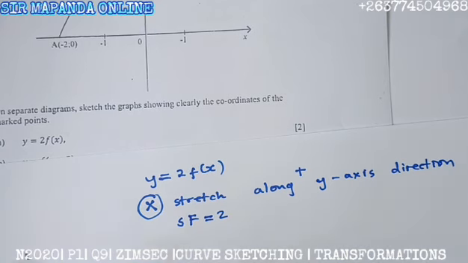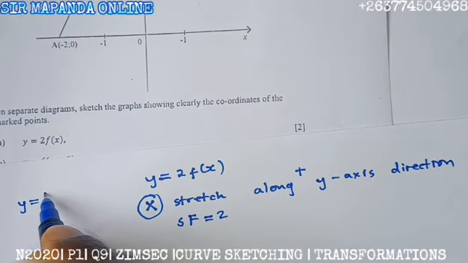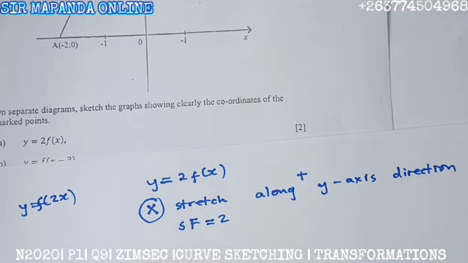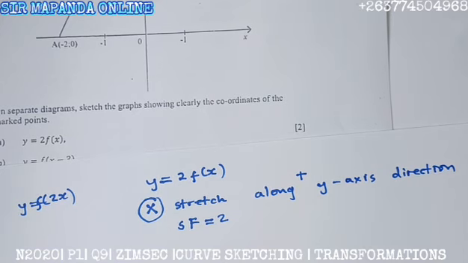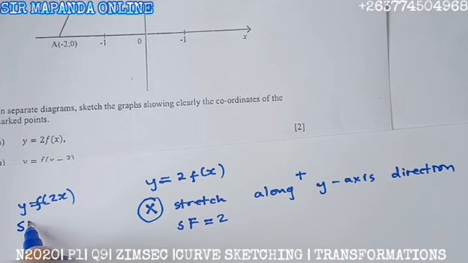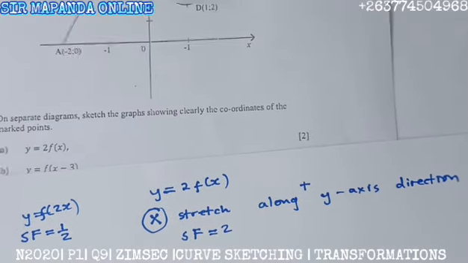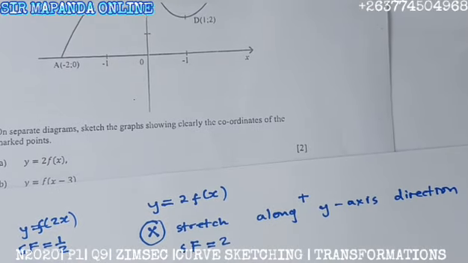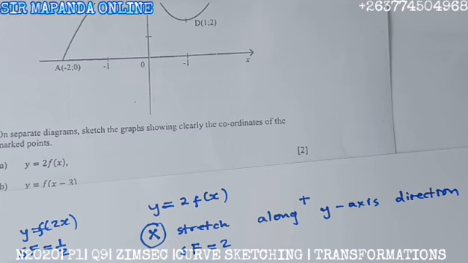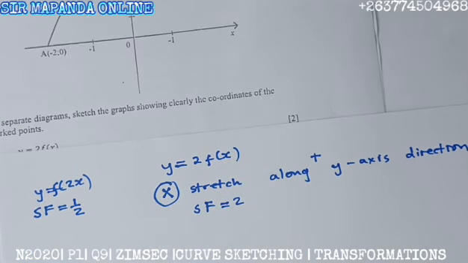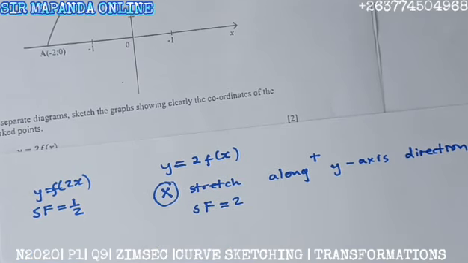All right. But if you have y is equals to f of 2x, where the 2 is inside the bracket, yes, it is a stretch, but it is a stretch along positive x direction. And the stretch factor is not 2, but it becomes the reciprocal of 2, which is half. I hope you are following. So if the multiplication takes place inside the bracket, it's a stretch along x-axis.